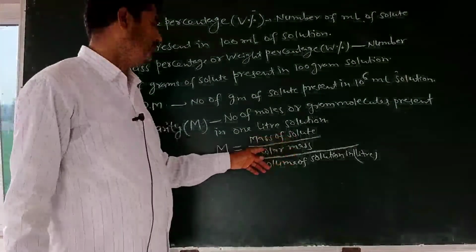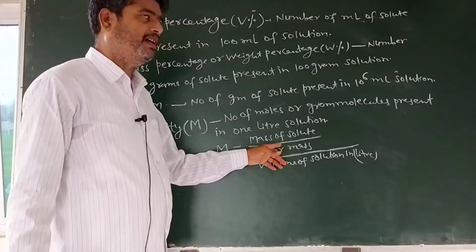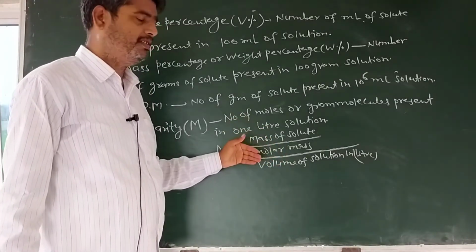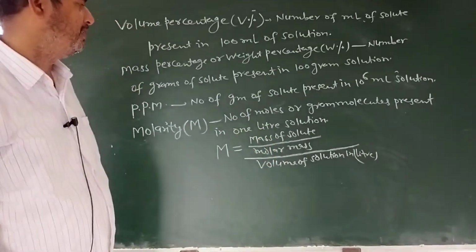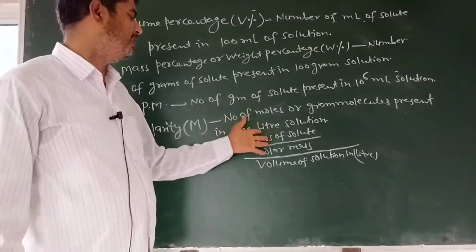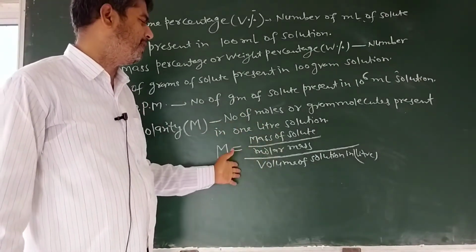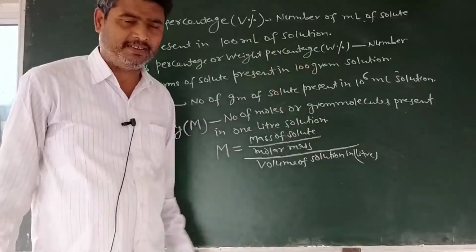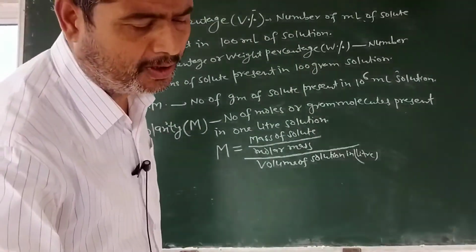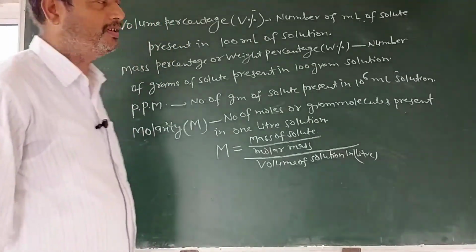The mass of solute divided by molar mass gives the mole number. It may also be written as number of moles of solute upon volume of solution in liters. Mass upon molar mass is equal to mole.